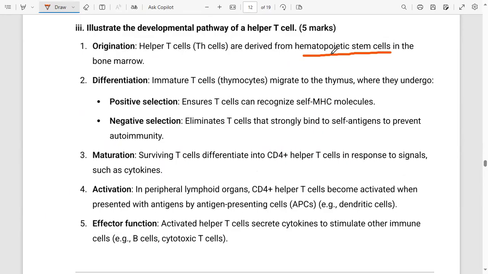That's where the helper T cells originate from. Once we know the origination, we can talk about the differentiation. Differentiation is when a cell is trying to become more of what it's supposed to be, so that it carries out the function that it has.